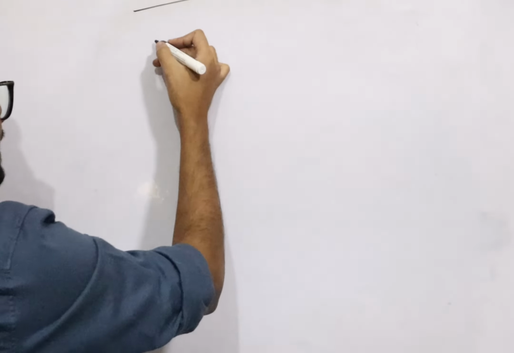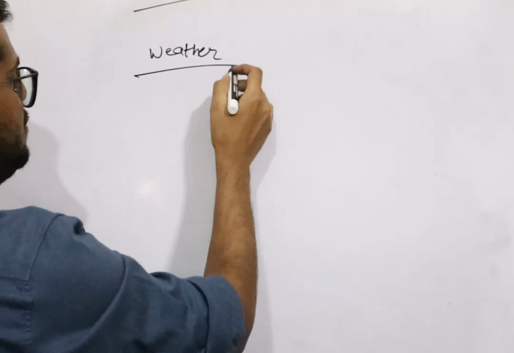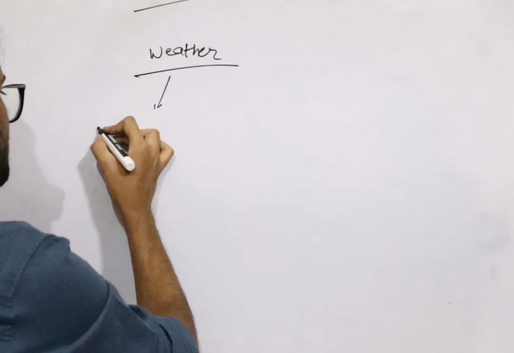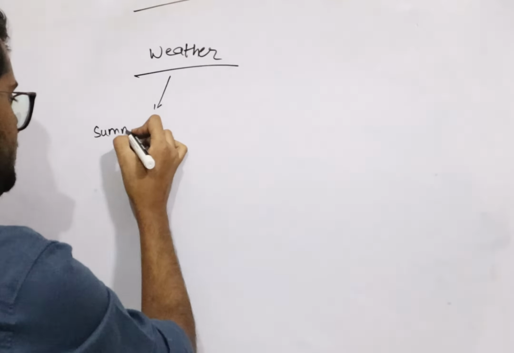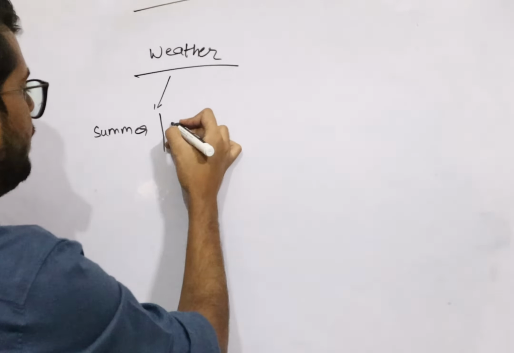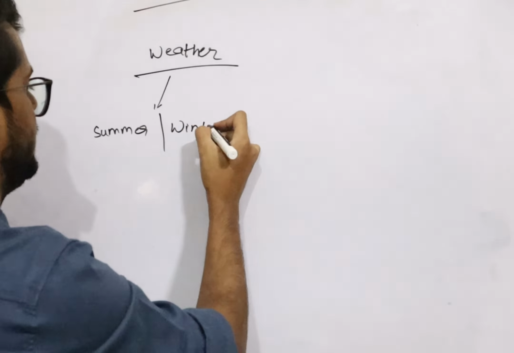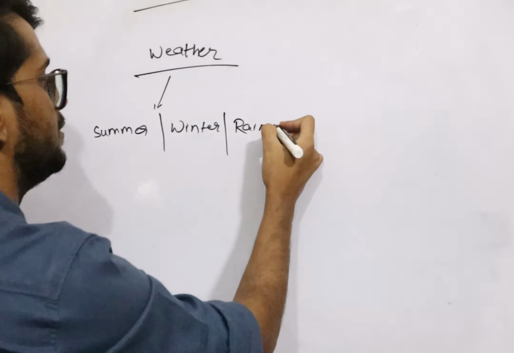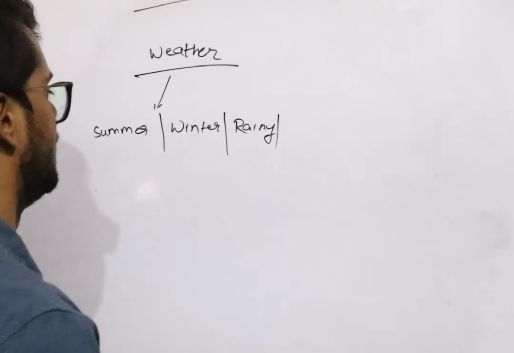So what is a state? State is simply a variable which can change over time. Their properties are almost similar, but there is a difference. Let's say that in real life we have something called weather. Weather means seasons. We have different types of weather like summer, winter, rainy, and snowy.